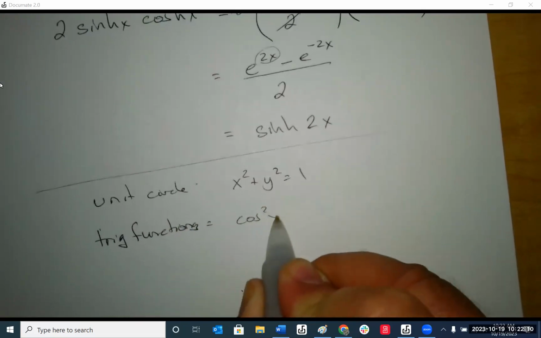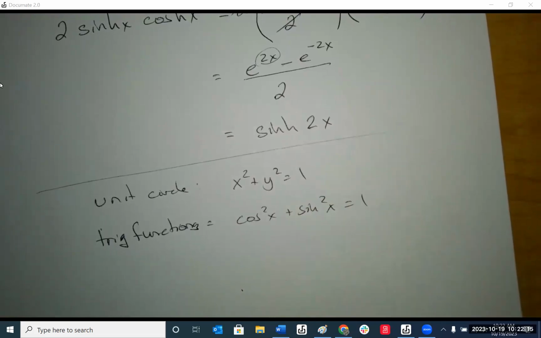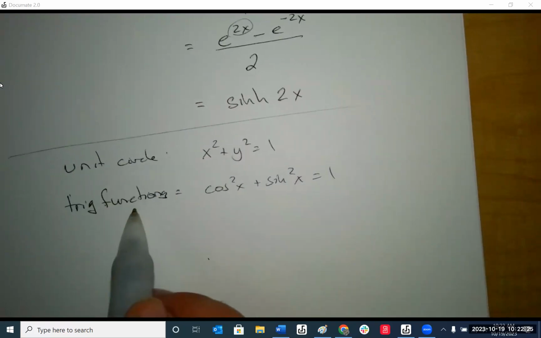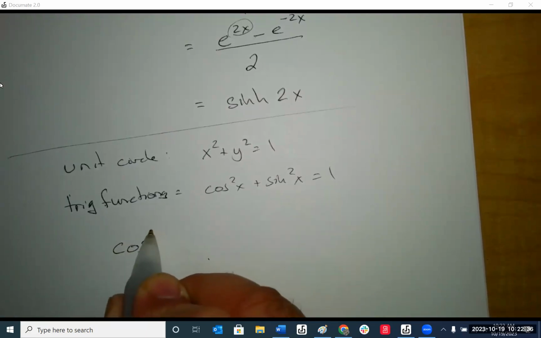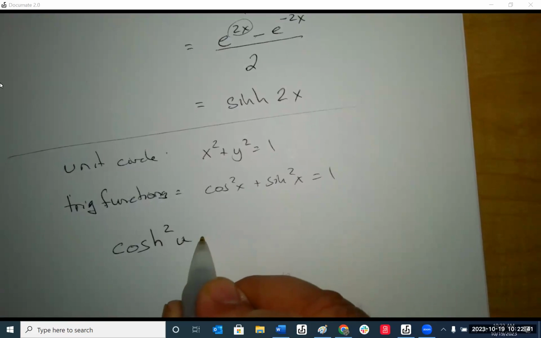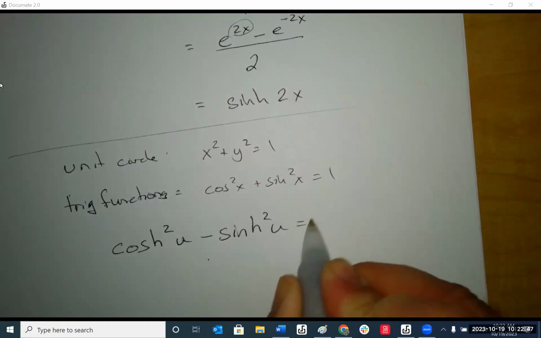We have cosine squared x plus sine squared x equals 1. So we can relate to the algebraic aspect using the trig functions. Now, how does all this fit in with hyperbolics? So if we did hyperbolic cosine squared of u, whatever that u is going to be, minus hyperbolic sine squared, that equals 1.